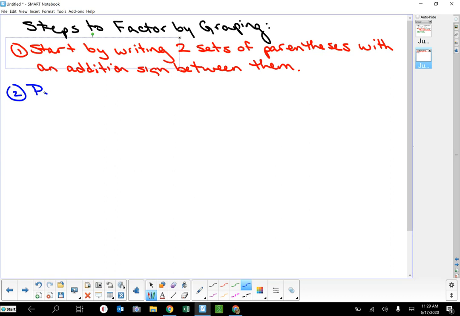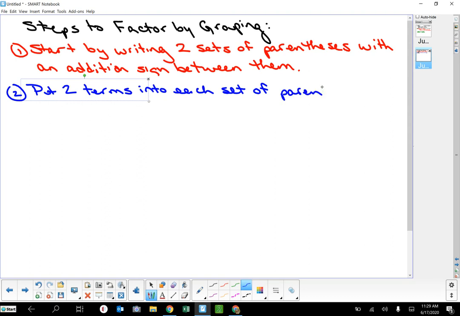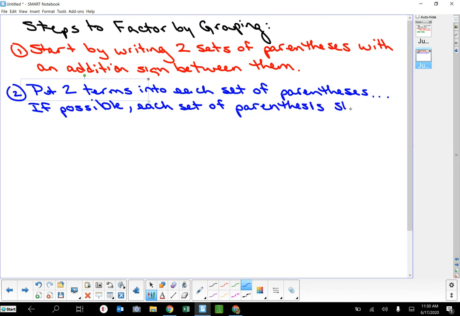We're going to put 2 terms into each set of parentheses, and then if possible, it won't always work because sometimes it's going to be a 1, each set of parentheses should contain a GCF.